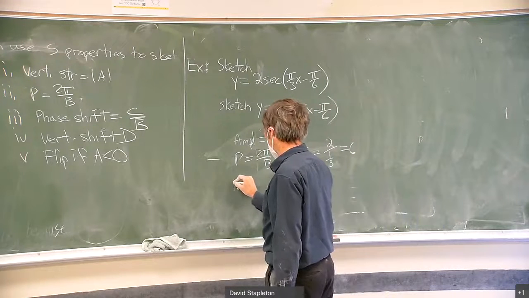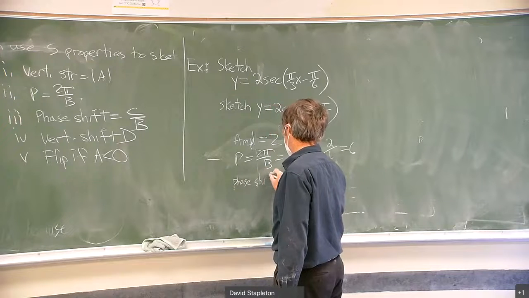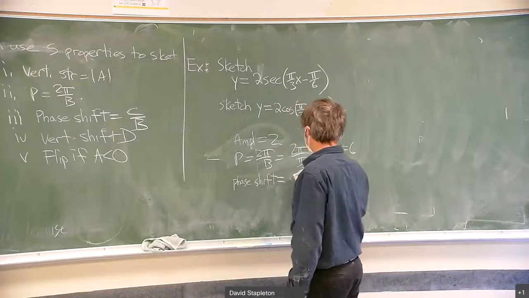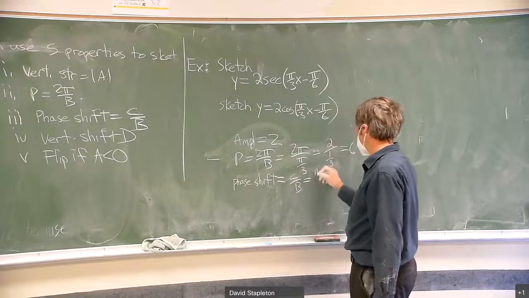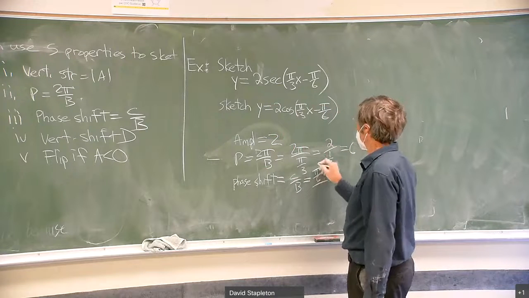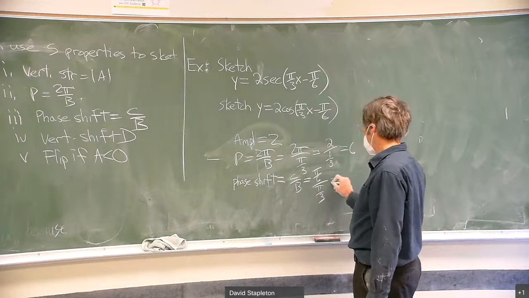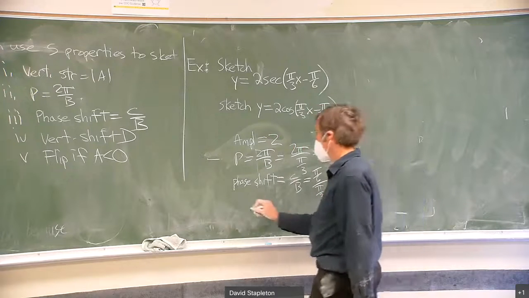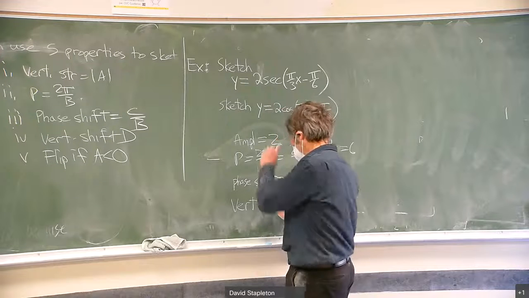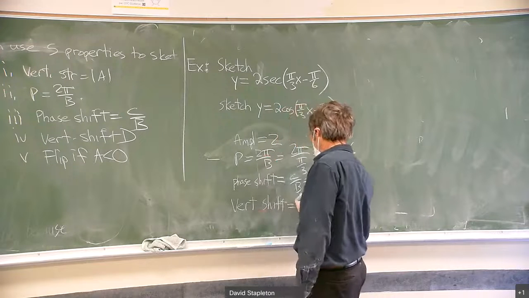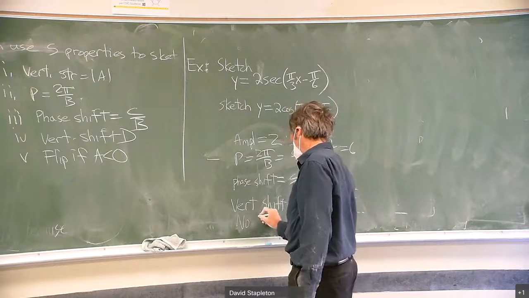The horizontal shift or phase shift for cosine is c over b. What's subtracted here is pi over 6, over b, which is pi over 3. So it's 1/2. Vertical shift, there's none because d is 0. No flip since a is positive.